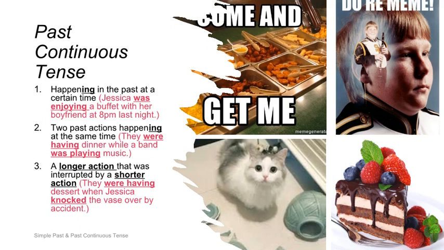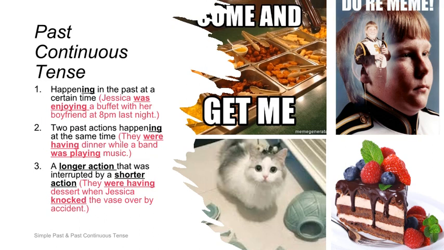Second, when two past actions were happening at the same time, we also use past continuous tense. For example, they were having dinner while a band was playing music. Having and playing are two actions happening at the same time in this sentence.